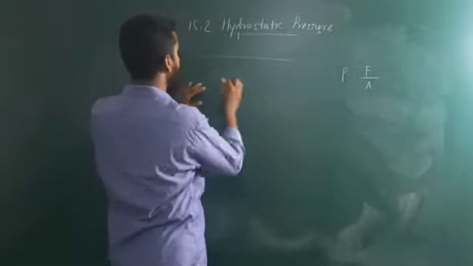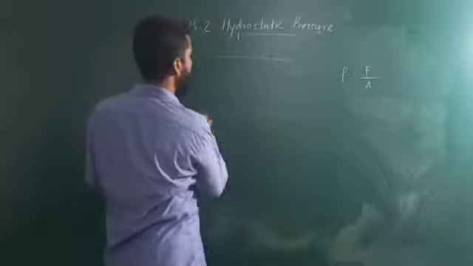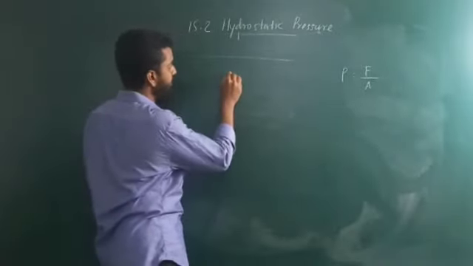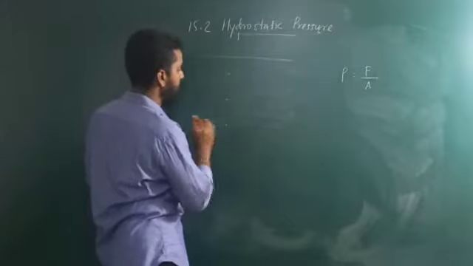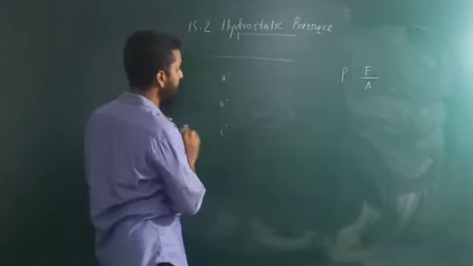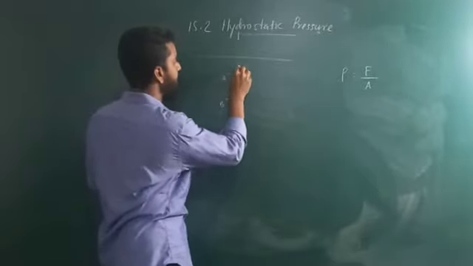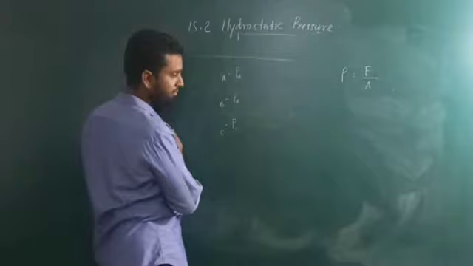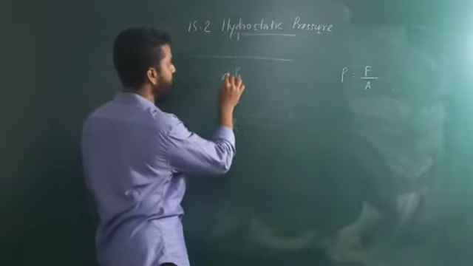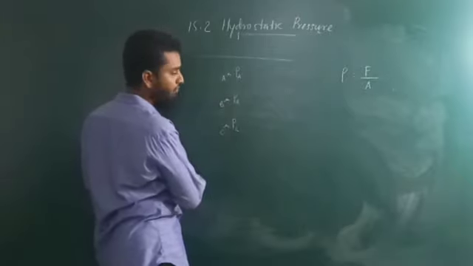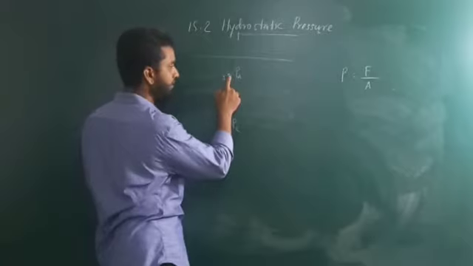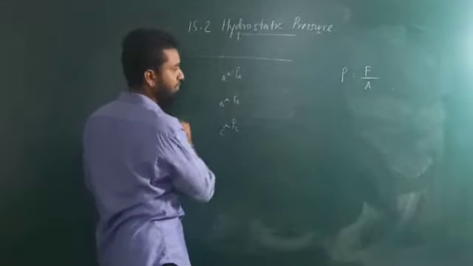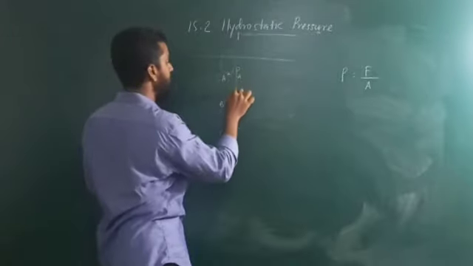Consider a liquid. For the liquid, consider three places, A, B and C. At A the pressure is PA, at B it is PB, and at C it is PC. At point A, if you keep your head here, you are going to feel the pressure given by a water column of this amount.